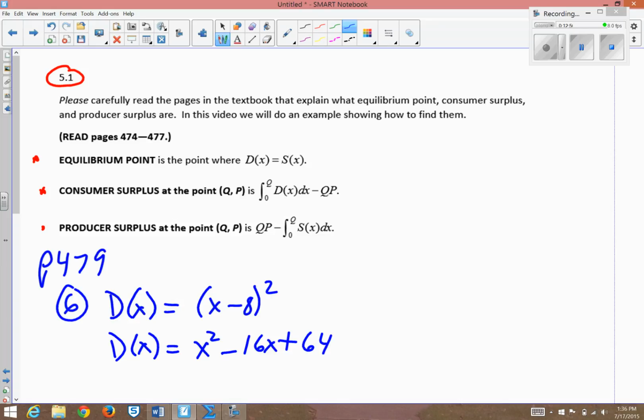It also says s of x equals x squared. And in the directions, it says d of x is the price in dollars per unit that consumers are willing to pay for x units of an item. In other words, d of x is the demand function. S of x is the price in dollars per unit that producers are willing to accept for x units. We call that the supply function.